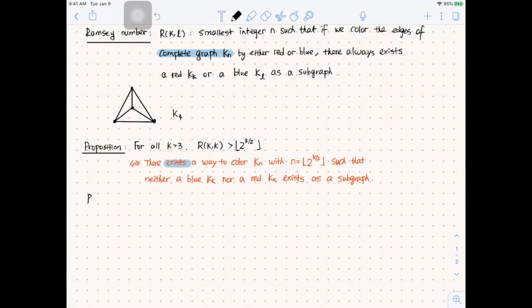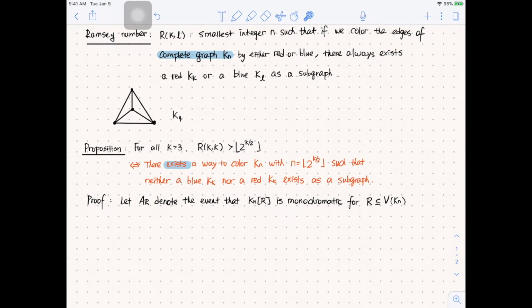Now for the proof, let's define a probability space, and also a certain event. We let A_R denote the event that the induced subgraph of the complete graph on the vertex set R is monochromatic, which means all the edges have the same color. And this R, as mentioned, is a subset of all the vertices of the complete graph.